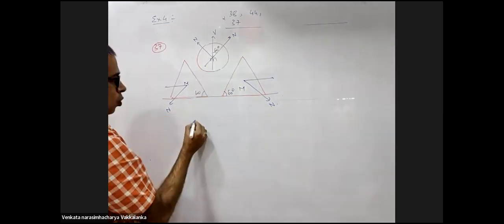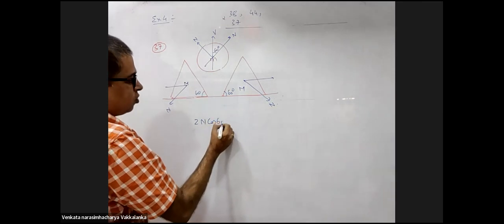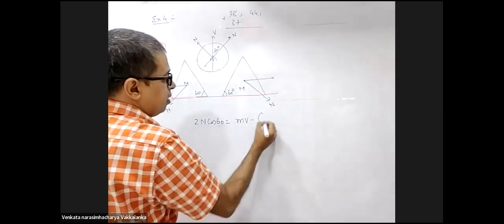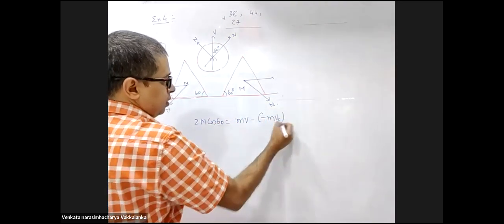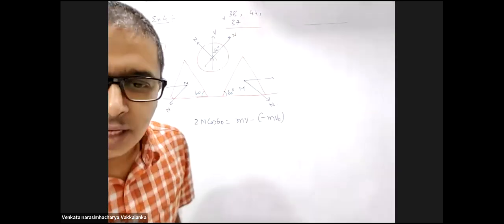So 2N cos 60 is equal to mV minus of minus mV. Yes or no?